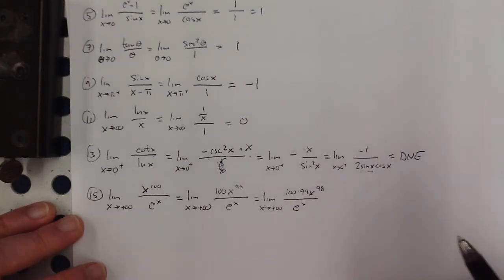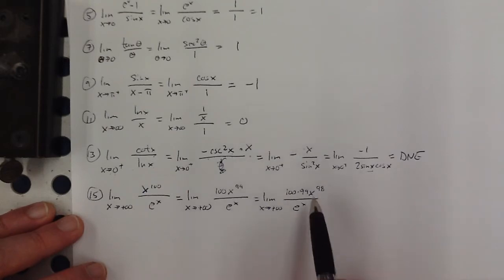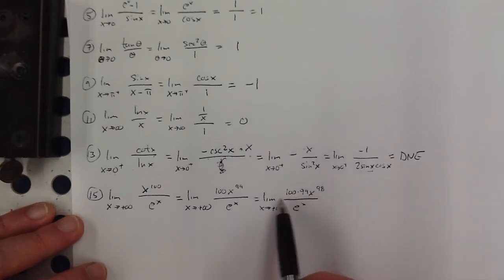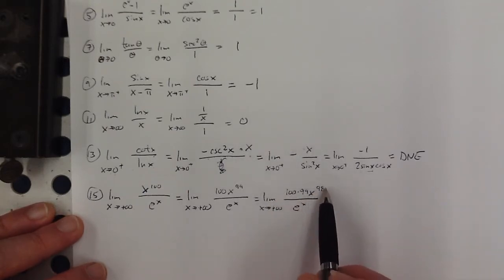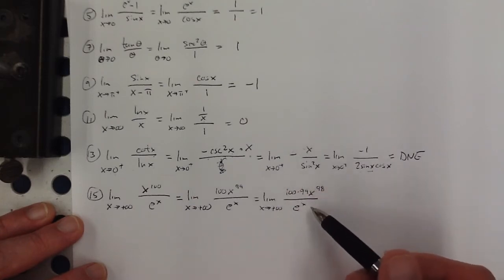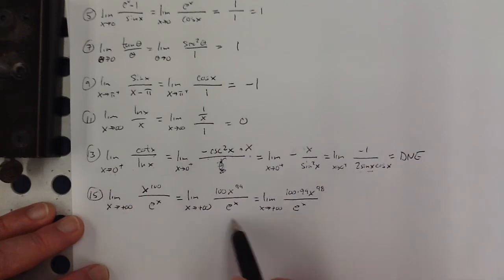It's still infinity over infinity. So let's think here. What is going to happen? If I keep doing this, then I think it's pretty easy to see what's going on here. I'm going to get a 98, and then a 97, and then so on and so on. And I'm going to keep taking derivatives. I'm going to keep getting infinity over infinity.